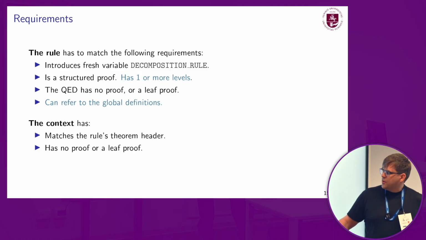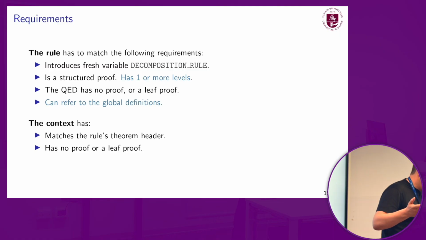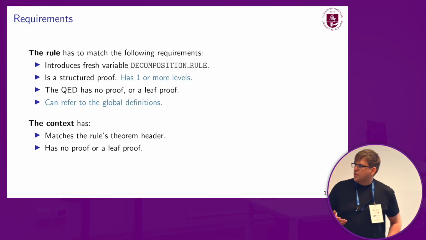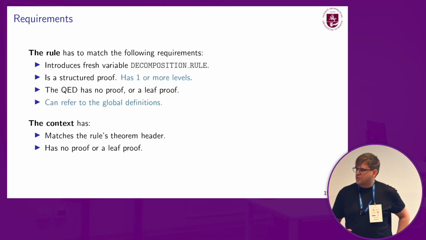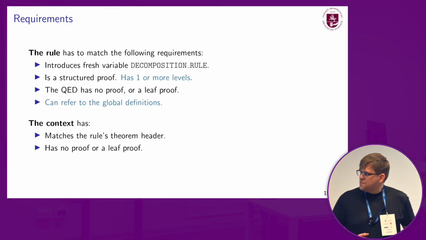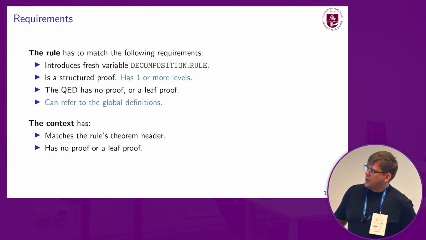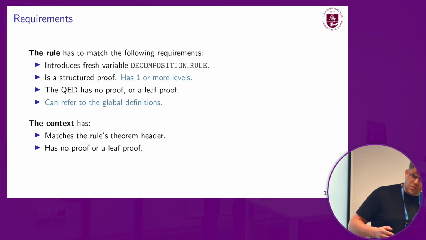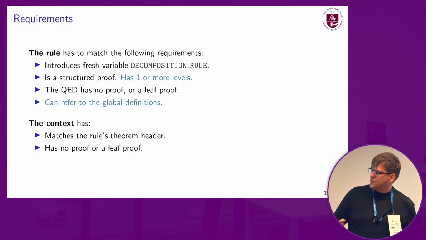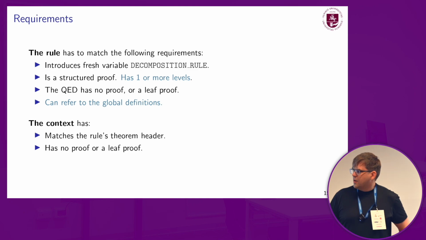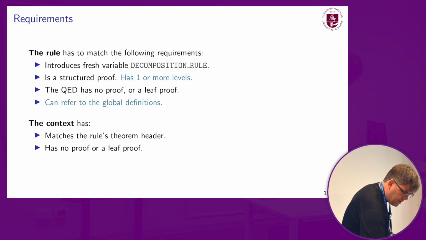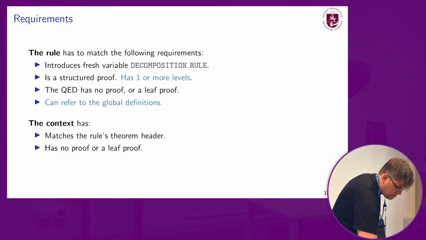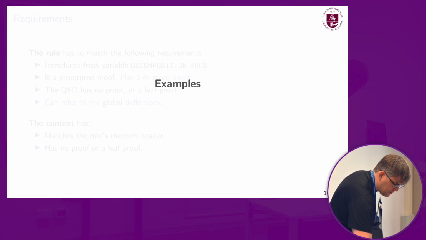And for now, the QED proof has to be either absent or it has to be a leaf proof to be able to meaningfully merge those proofs into one. And of course, the rules are not necessarily closed. They can refer to some globally defined definitions, and we can define rules about those global definitions. And that's probably it about how to describe and apply those rules.